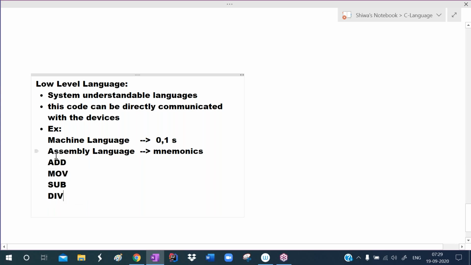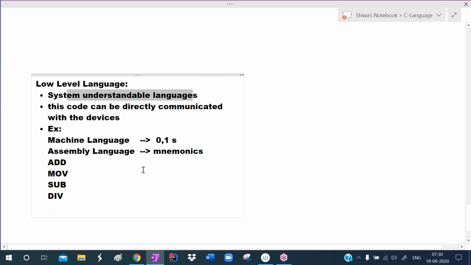So in assembly language, we write the program in the form of mnemonics. Machine language means we write the program in the form of zeros and ones. These two languages can directly communicate with the hardware, directly communicate with the devices. So these are system friendly languages, not user friendly.